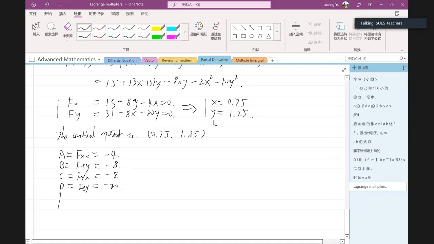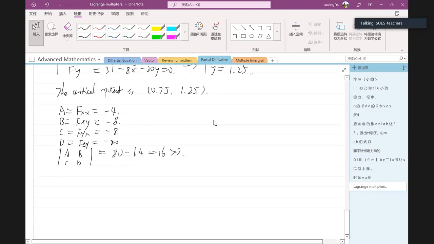So AD minus BC is 80 minus 64, equal to 16, which is larger than 0. And fxx is -4, which is less than 0.